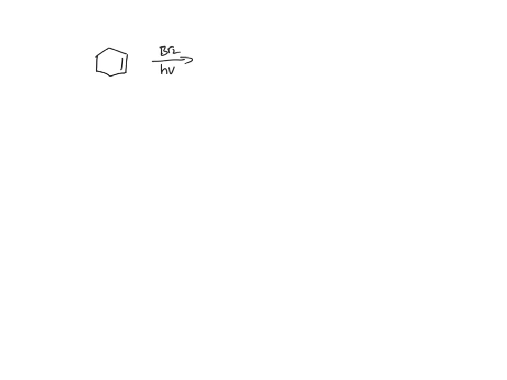One nice thing about that is that the most stable radical would be in the allylic position. If I could make a stable radical right here, it's stabilized by resonance.